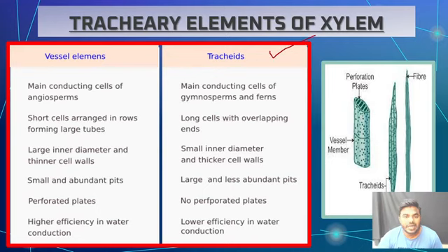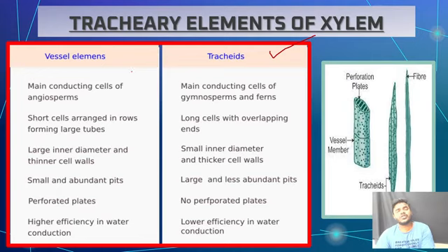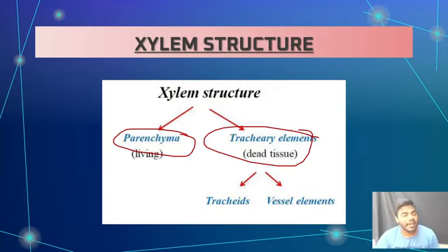So this is the last part we discussed, right? So friends, we discussed that xylem consists of parenchyma and tracheary elements. I told all of you, wherever you read parenchyma, remember only one common point: the parenchyma is the living tissue. Then friends, the tracheary elements are the dead tissue.